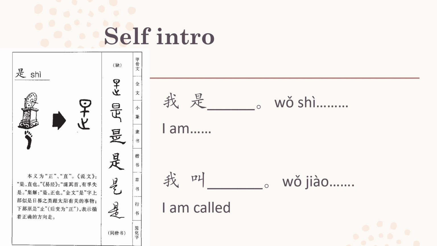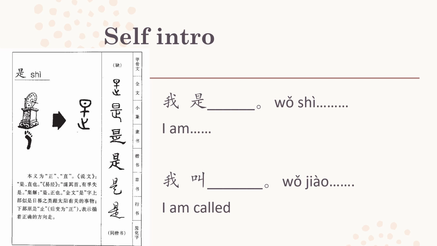So past tense and present tense of the be verb are all pronounced as 是, just one character. Look at 是 in this picture. It was a sundial, the device used in the past to show the time. And below the sundial, there was a footprint.